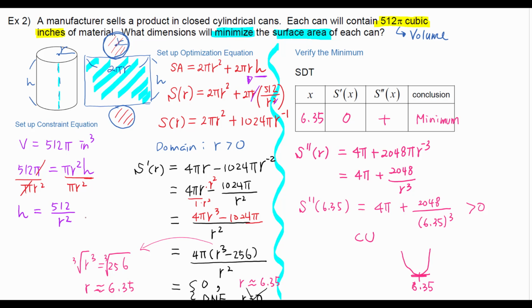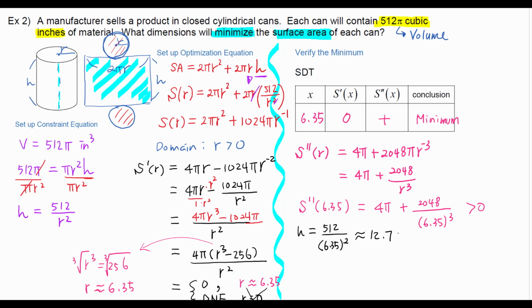So let me erase a little bit to find the room here. So then let's find the h. So then h is equal to 512 over r squared, and r is 6.35 squared. Now use calculator. 512 divided by 6.35 quantity squared is equal to, I got about 12.7.